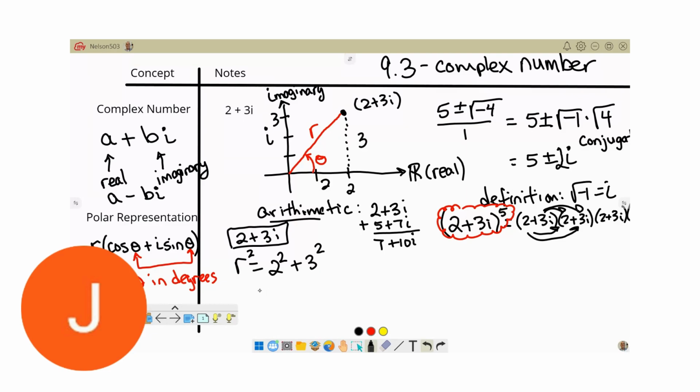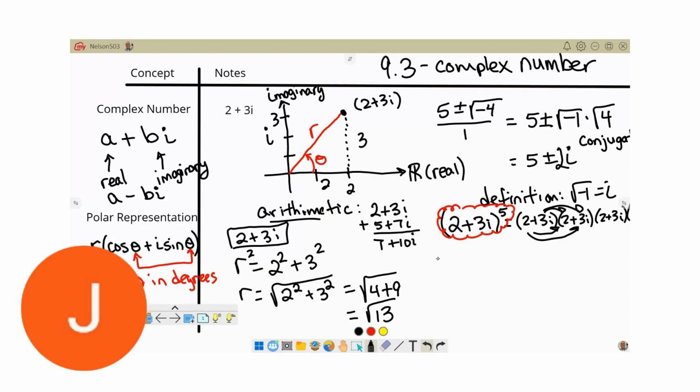So I'm doing the Pythagorean theorem. I get r is equal to the square root of 2 squared plus 3 squared, which gives me the square root of 4 plus 9. Square root of 13. So my r value is the square root of 13.